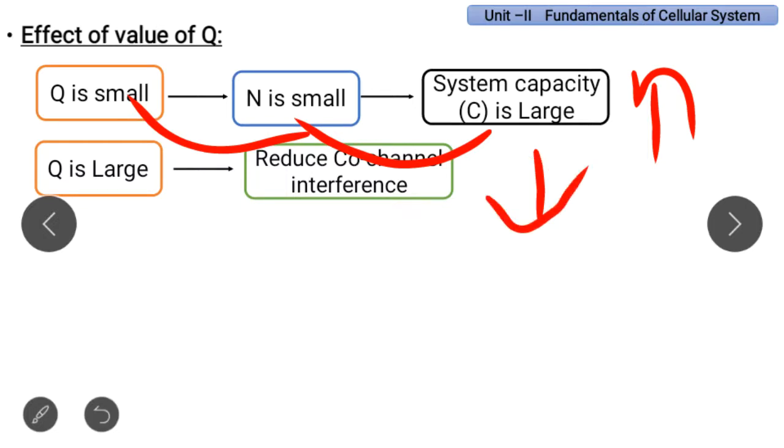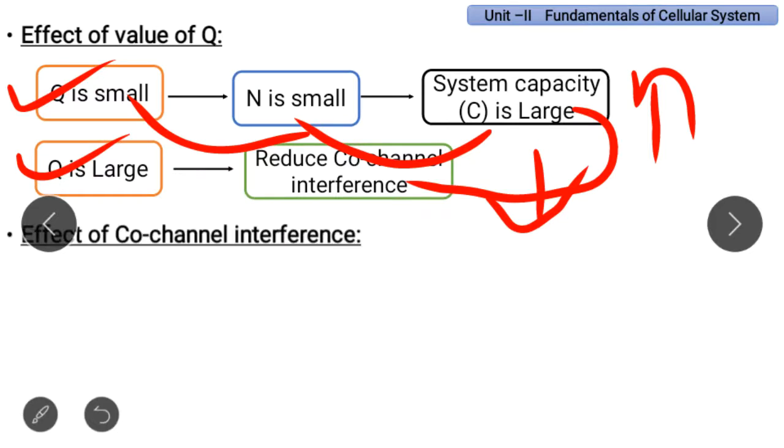So here you get some confusion: do we have to keep q small or q large? It always depends upon system capacity and co-channel interference. We should not keep q too small or too large. It depends upon system capacity and the co-channel interference.